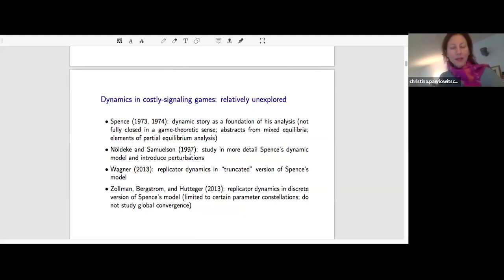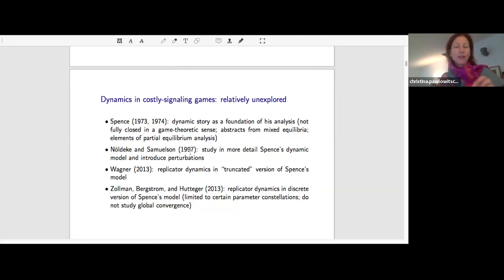Spence, this is maybe also worth mentioning, that nowadays we use game theory as the framework to model costly signaling phenomena. But Spence in his paper actually used the language and the framework of economic partial equilibrium analysis.